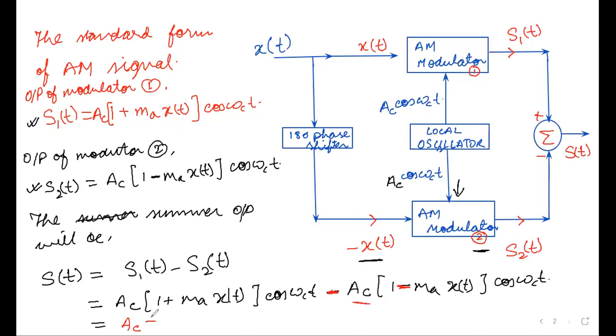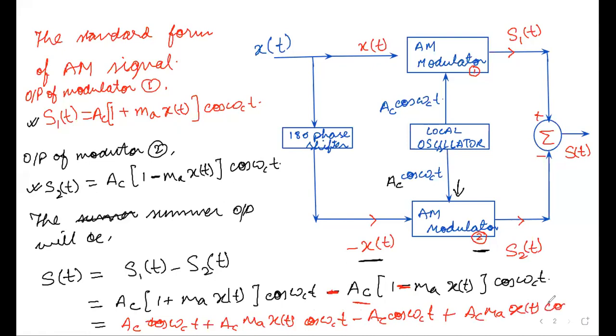This should be AC cos omega ct plus AC MA xt cos omega ct minus AC cos omega ct plus AC MA xt cos omega ct.